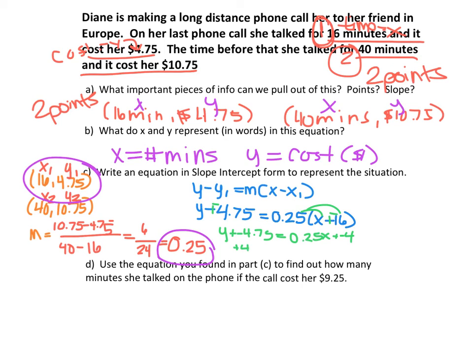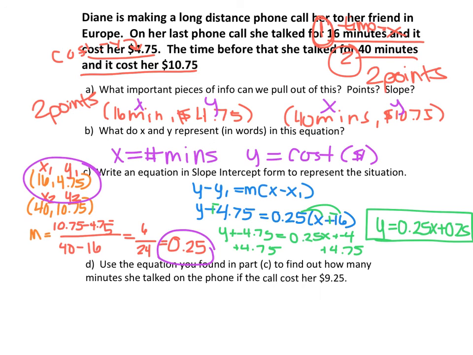So now I add 4.75 to each side, and I end up with y is equal to 0.25x plus 0.75. So here I have my equation that connects cost with number of minutes.